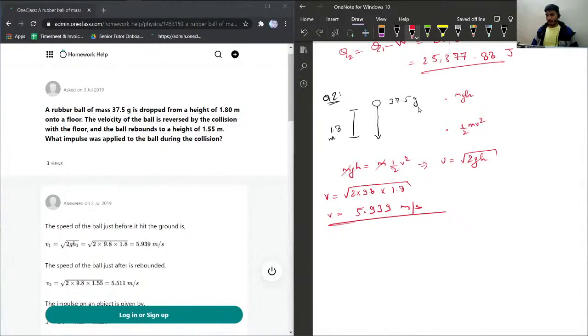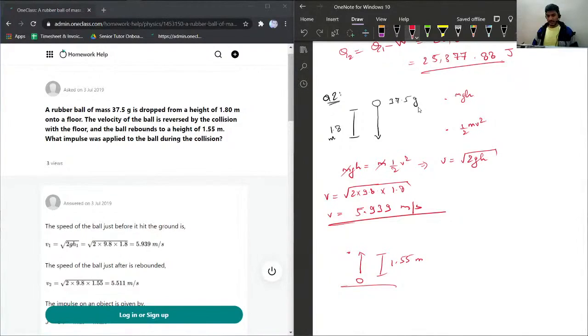Now when the ball reaches the ground level, it is rebounding to a height of 1.55 meters. So we need to calculate the velocity at this point. This is a collision, not an elastic collision.